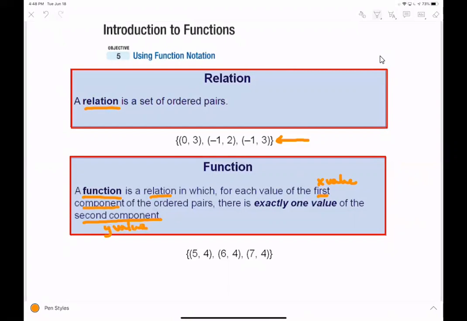An easier way to think of it is for every x value, there is only one y value. When you look here, notice that there's no repetition.